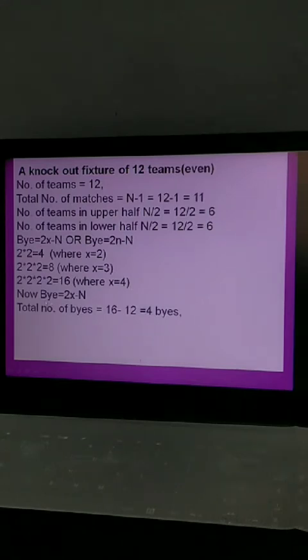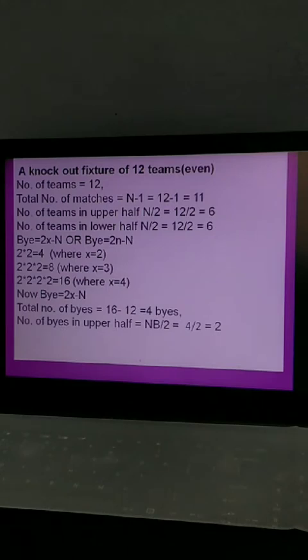So now byes equal 2 to the power x minus N. So the total number of byes: 2 to the power 4 is 16, minus capital N, the number of teams, equal to 12. So the total number of byes is 4. 4 byes will be given.